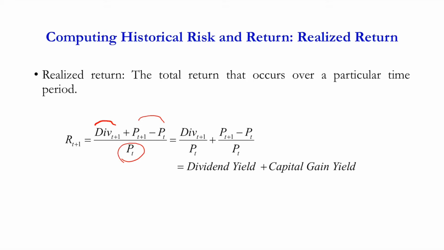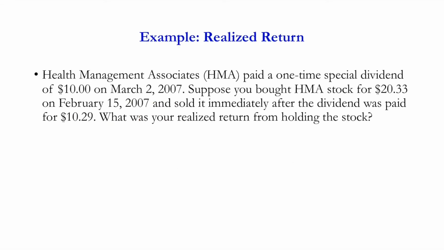In other words, the realized return is equal to the dividend yield plus the capital gain yield over that time period.